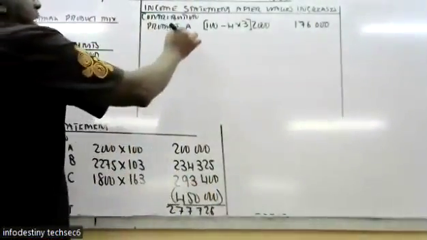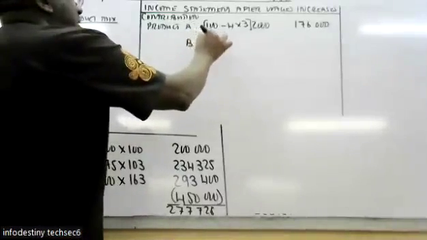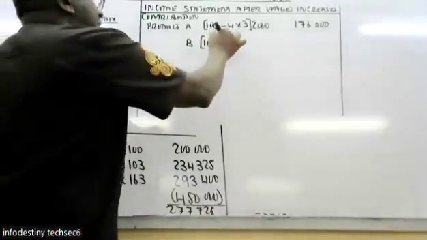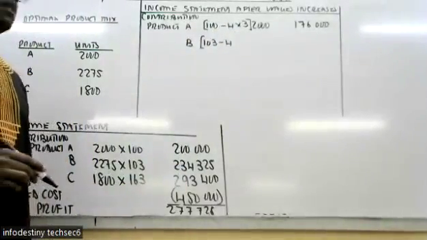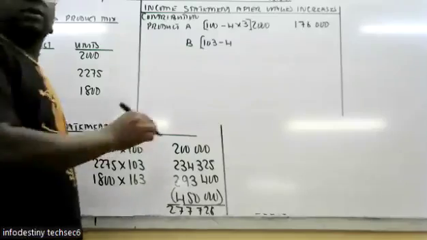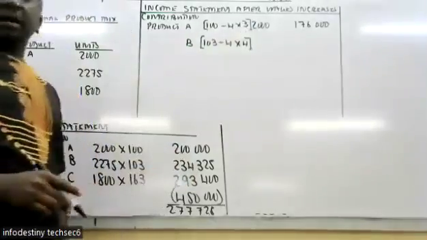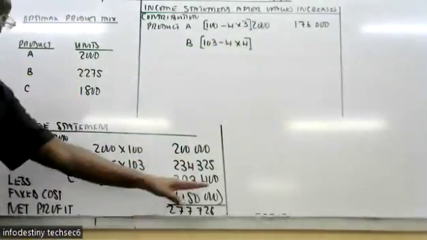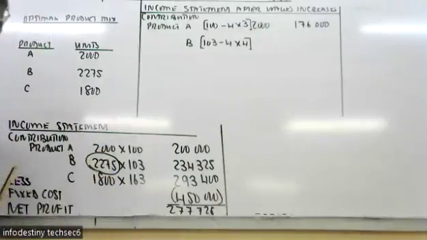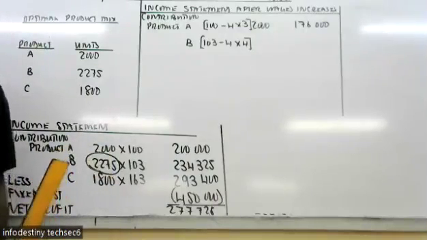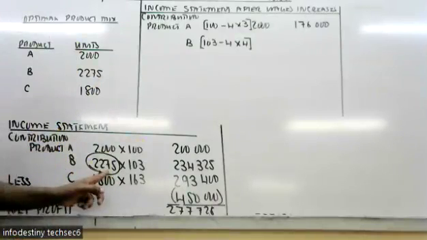Then we come to product B. Product B has 103. So this one must come down by 4 shillings per hour. And it required 4 hours, so we multiply by 4 hours. Now look here. In the previous allocation, we could only afford to make 2275. But our desire was to make 3,000. We did not have time.